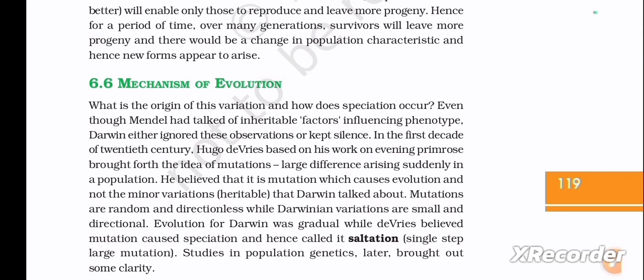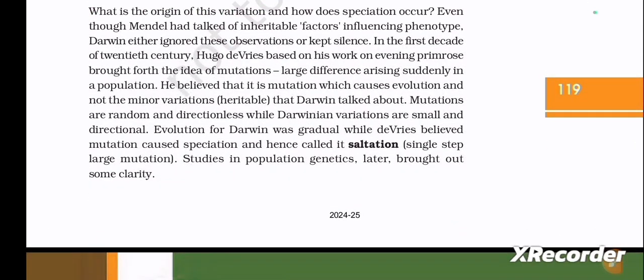In the first decade of the 20th century, Hugo de Vries, based on his work on evening primrose, brought forth the idea of mutations, large differences arising suddenly in a population. He believed that it is mutation which causes evolution and not the minor variations that Darwin talked about. Mutations are random and directionless, while Darwinian variations are small and directional.